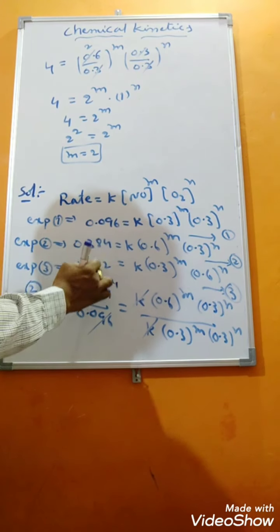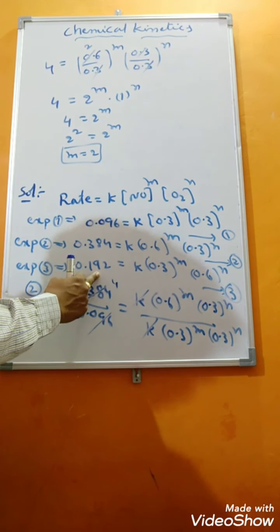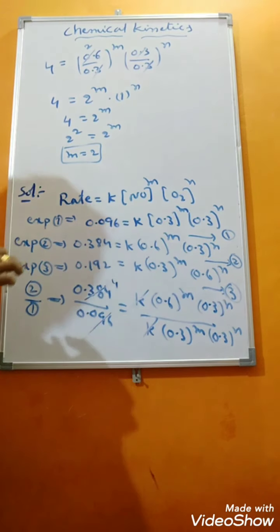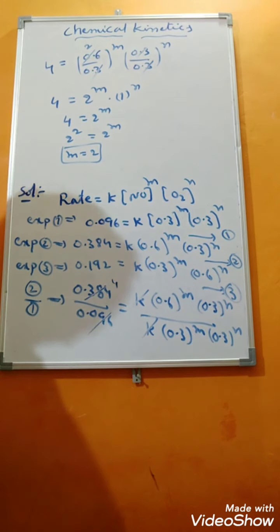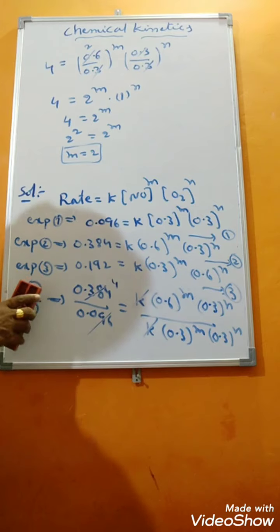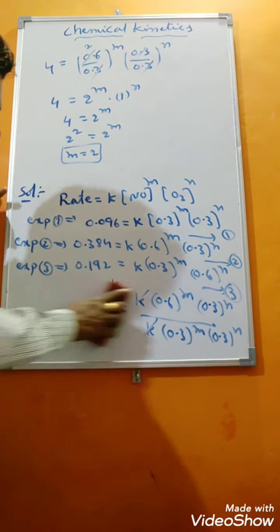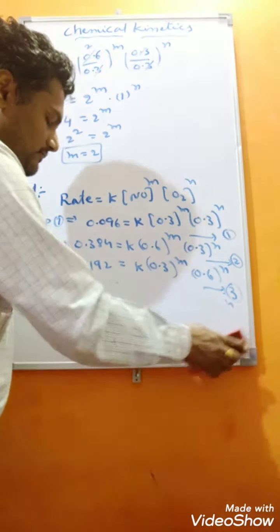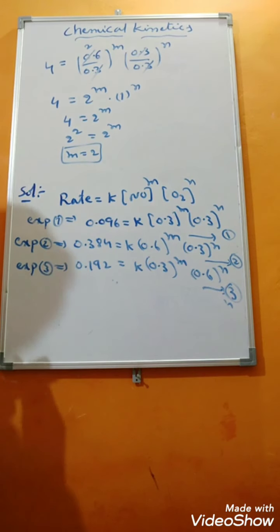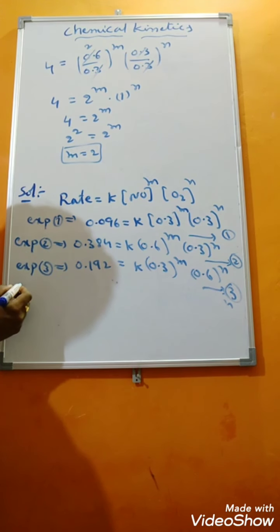Then what happens to the rate? The rate is almost double. Then what will happen, students? Now you solve. Shall I erase this? From the data of experiments 1 and 3, what will happen?